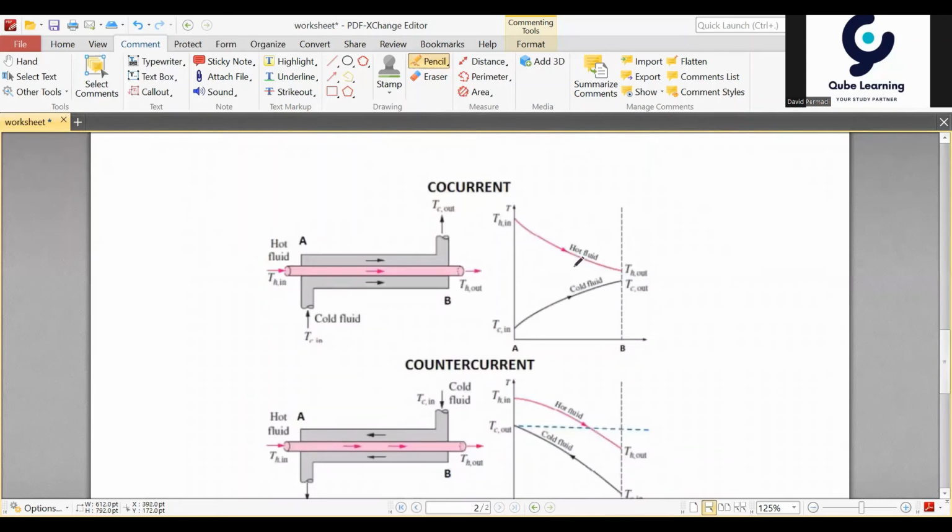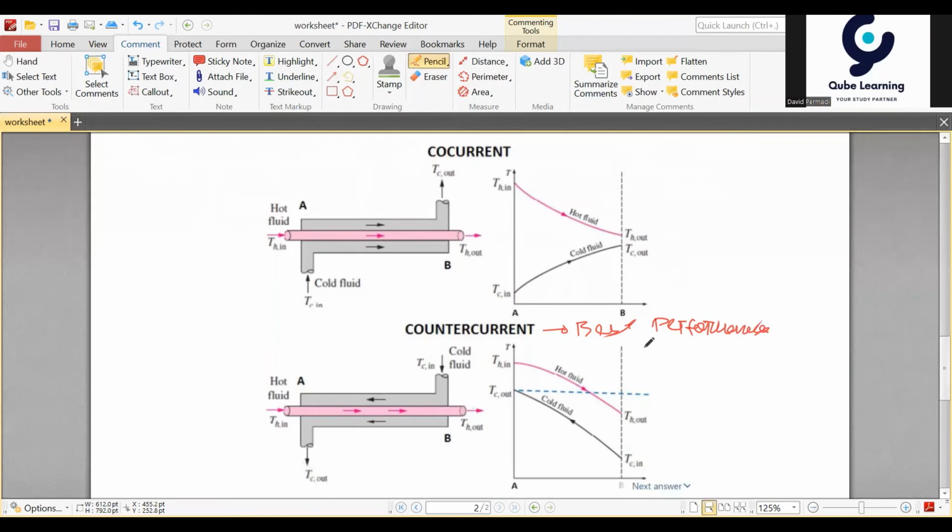So we have two different cases here, the co-current and the counter-current heat exchanger. Which one will give the best performance for your exchanger? Practically and theoretically, the counter-current will give the best performance for your exchanger. Why? Because as you can see here, the counter-current will optimize the hot fluid.